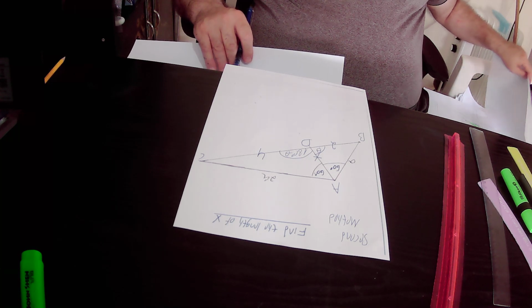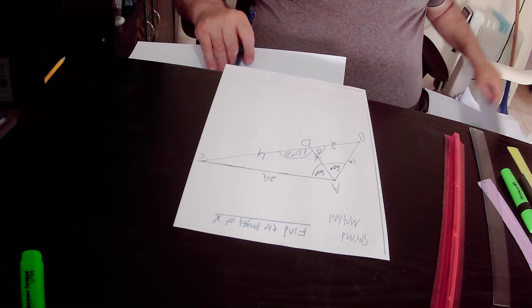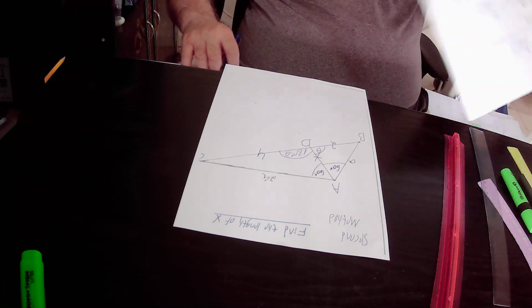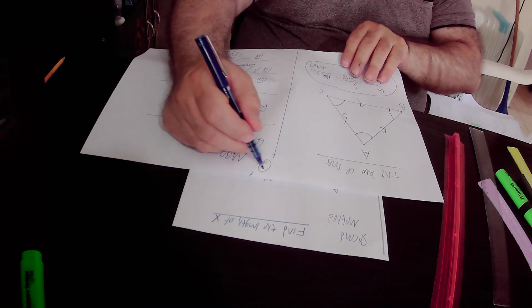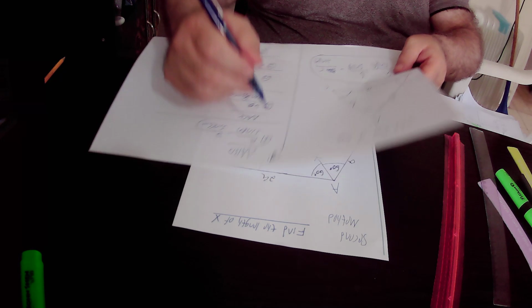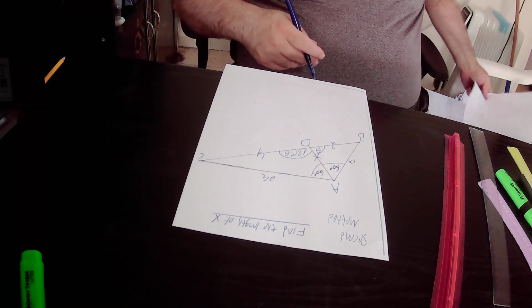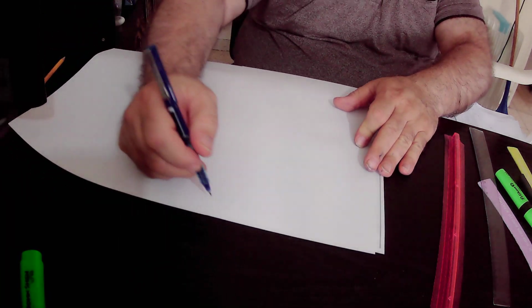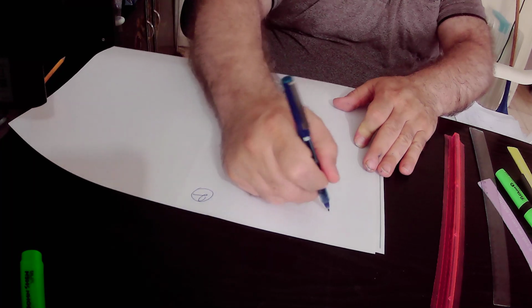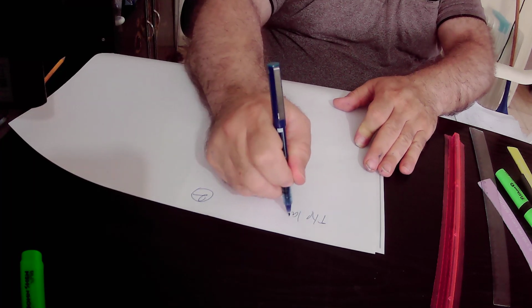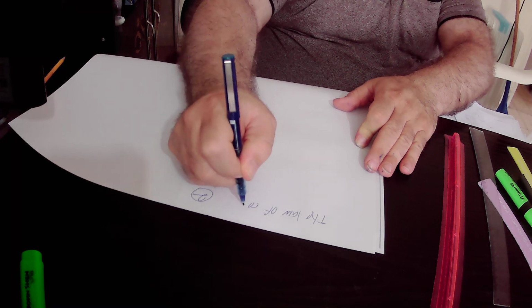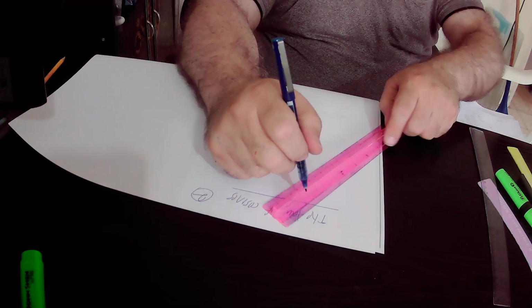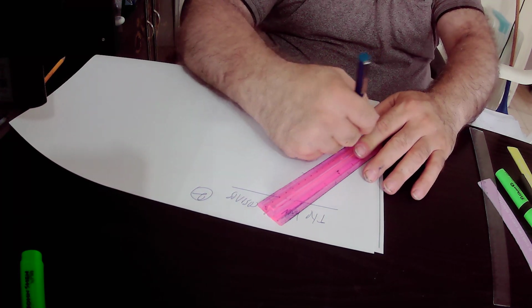The law of cosines is true in any triangle. So actually, if you have triangle ABC, that could be any triangle.